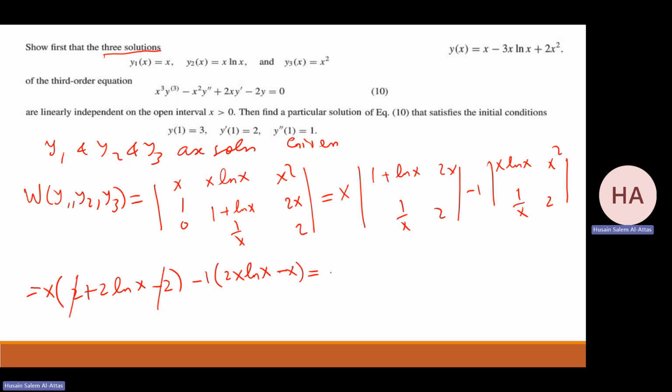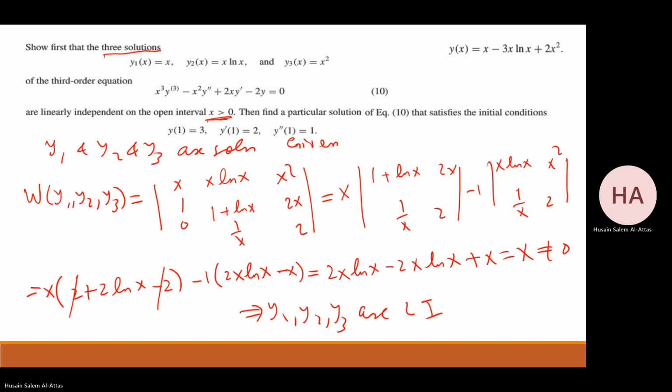So you have 2x ln x minus 2x ln x, plus x, which is x. Note he wrote x is positive, so this is not equal to 0. So for sure y1, y2, y3 are linearly independent.